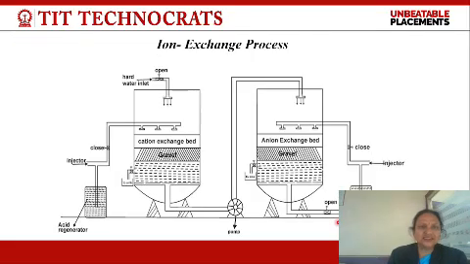Again, as we discussed in the zeolite process, after performing the reaction, when this cation exchanger bed and this anion exchanger bed get exhausted, it is required to perform the regeneration process. This cation exchange bed will be regenerated by an acid regenerator. The best acid regenerator is HCl.